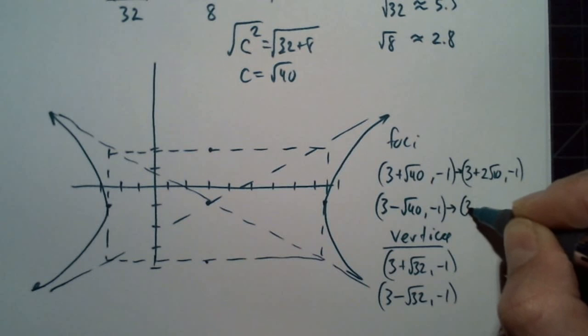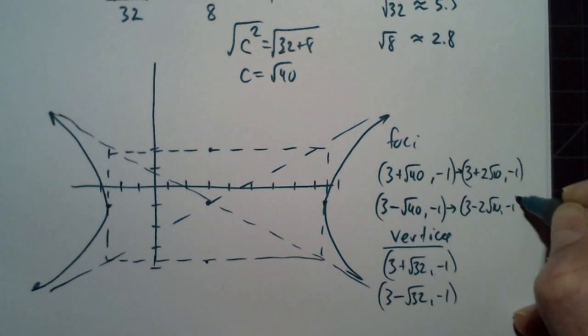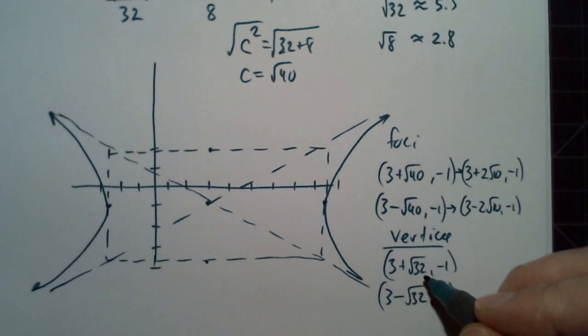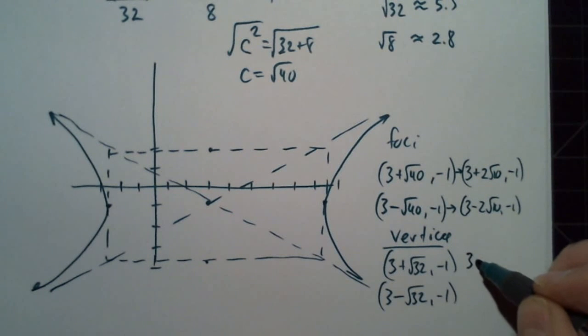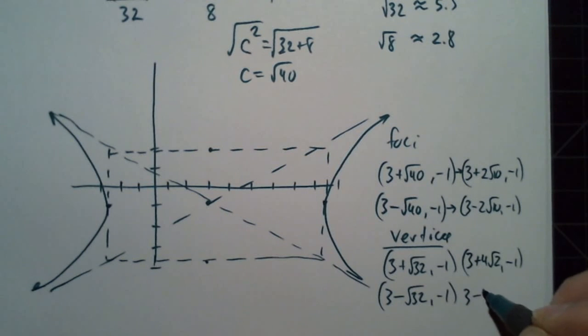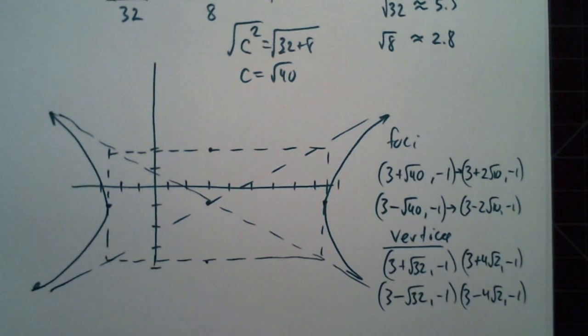Down here, radical 32 is 4 radical 2, so 3 plus 4 radical 2, 3 minus 4 radical 2. Alright, and we'll stop there.